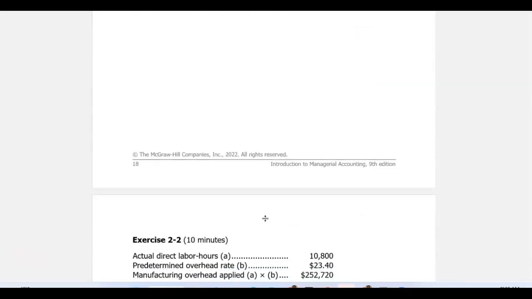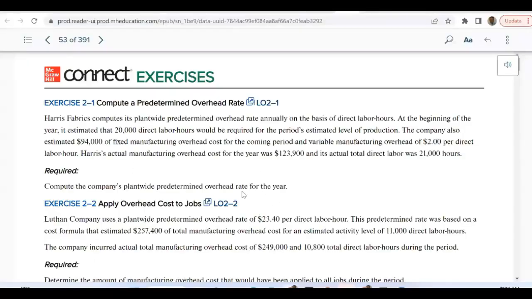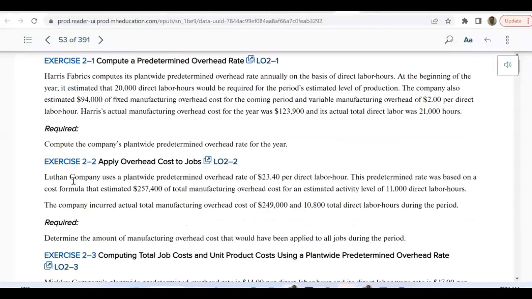Okay, let's go to problem number 2. Number 2 says the company uses a plant-wide predetermined overhead rate of $23.40 per direct labor hour. This predetermined rate was based on a cost formula that estimated $257,400 of total manufacturing overhead costs for an estimated activity level of 11,000 direct labor hours.